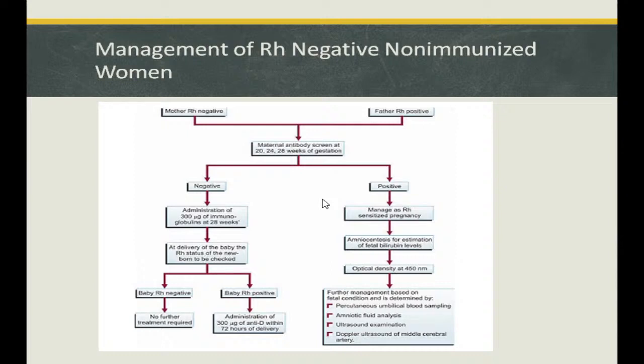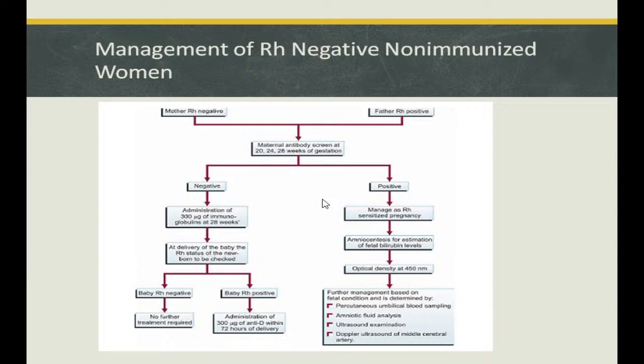aim. At delivery of the baby, the rhesus status of the baby has to be evaluated as fast as possible, and if the baby is negative, do nothing. If the baby is rhesus positive, administer another dose, 300 mg of anti-D immunoglobulin within 72 hours after delivery.